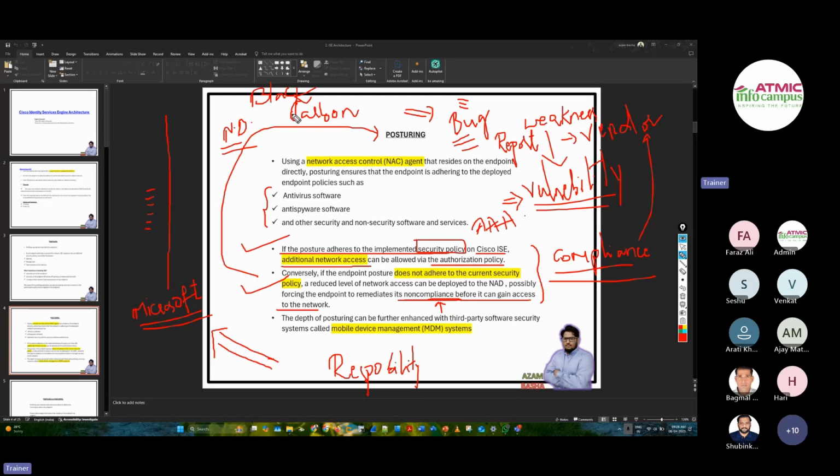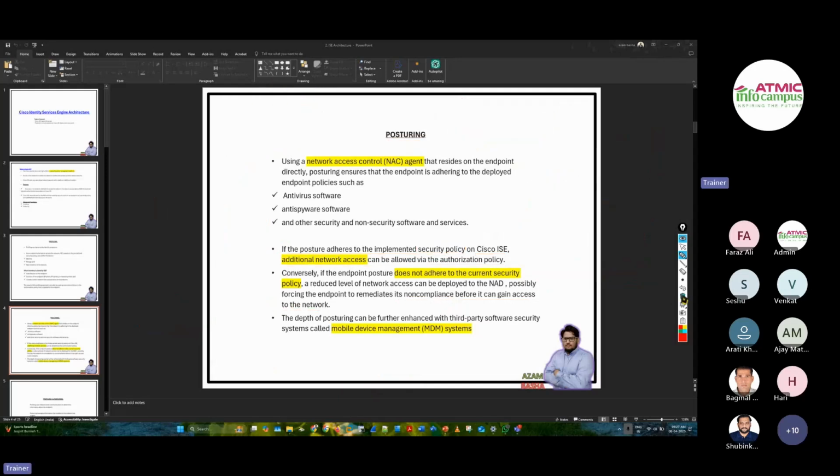So it's not just ISE that can do this, other vendors can also do this. But this is one of the features that is already pre-included with ISE.